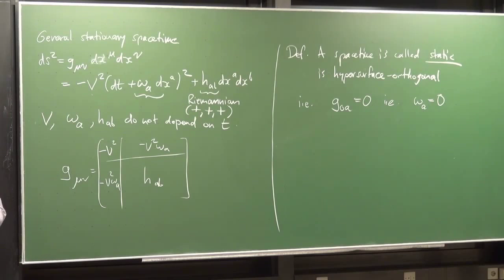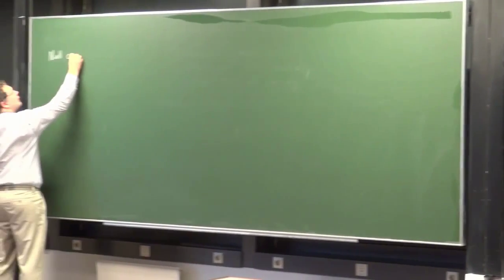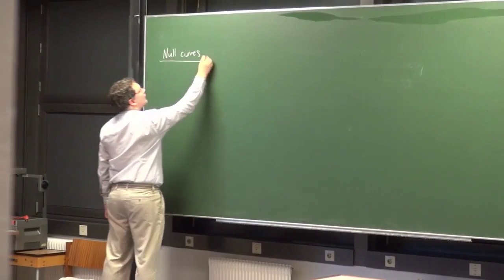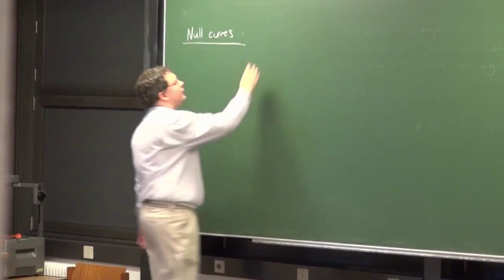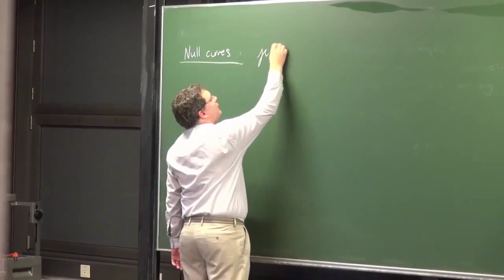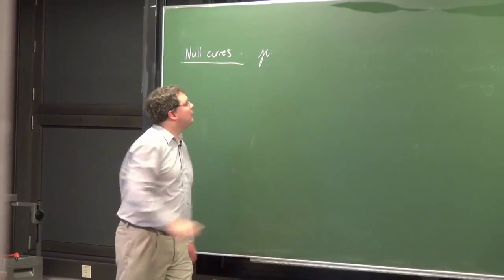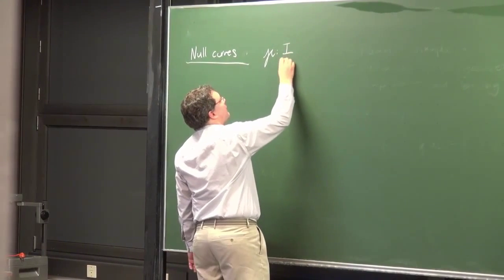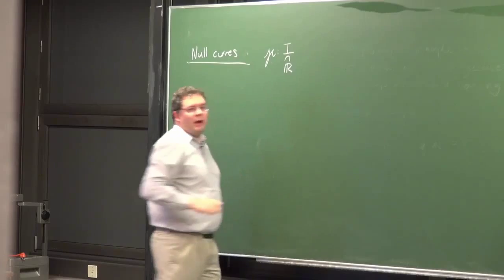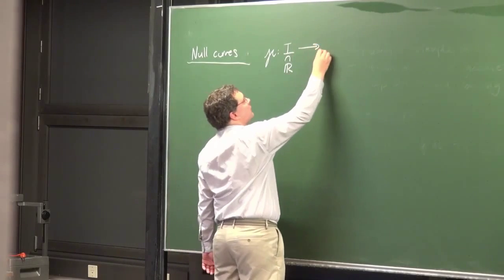And now, of course, we want to talk about light. So let me first of all remind you about null curves. Right, so what are null curves? Let's call them gamma. So in principle, of course, they're maps from some interval of the real line, let's say, into your manifold.